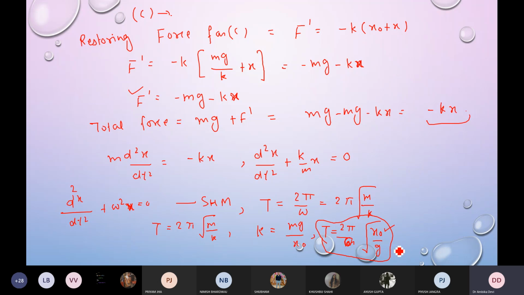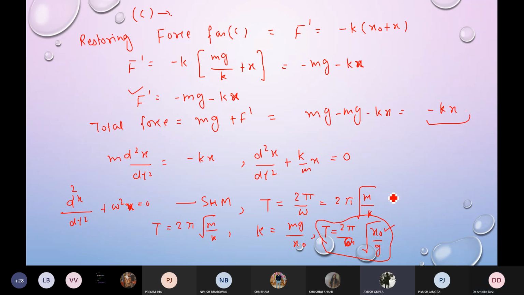We do not require the mass, the force constant, or any other parameter to calculate the time period. If you know how much the system has been displaced when the mass is attached to the spring, you know that length, and you can find the time period, right? So this is the specialty of this relation.